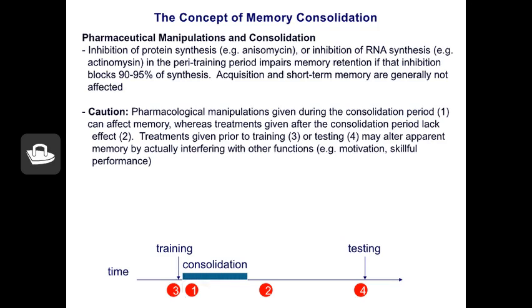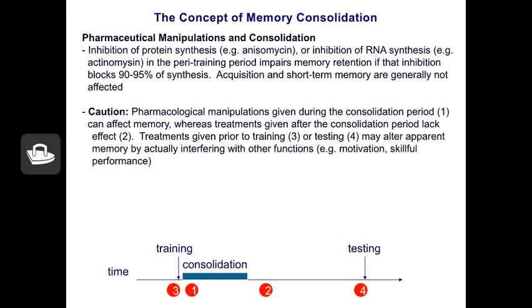If you administer the treatment a little later, at time 2, you may miss the consolidation period, and the memory has already transferred into long-term storage. Now, this could be a valid control procedure, but if you were looking for an effect on consolidation, an experimental manipulation at this time point would be inappropriate.